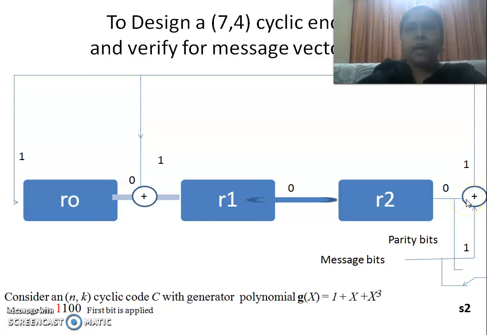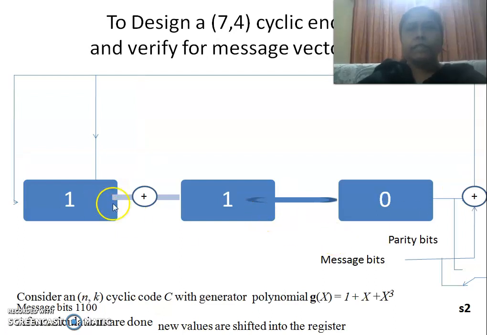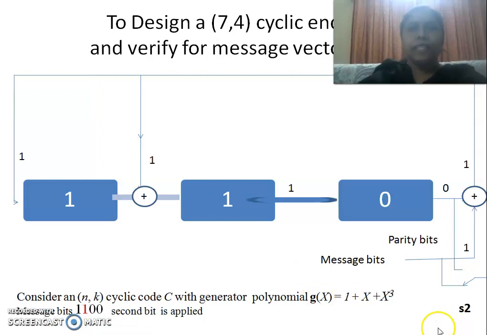Let us see what happens after the application of the next clock cycle. These are the values that will be stored in the registers. Next, the second bit has to be applied. So when the second bit 1 is applied here, it is exclusive ORed with the output of register R2, and you get 1 here, and the fed back value will be 1 through switch S1.